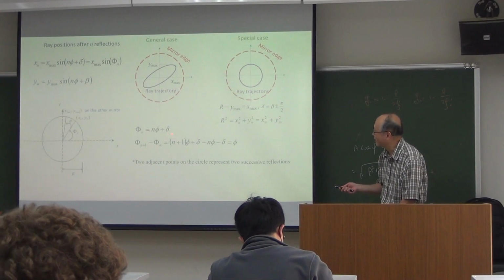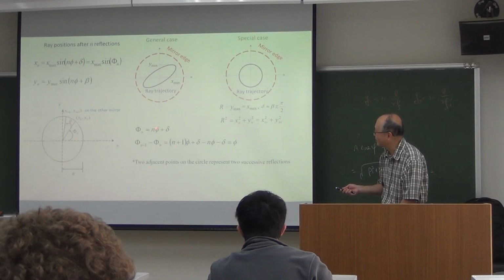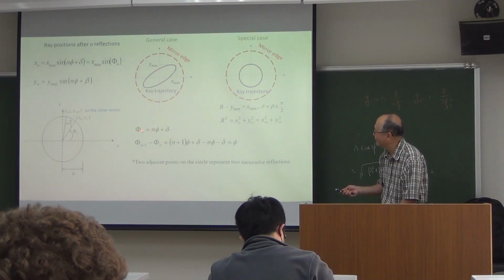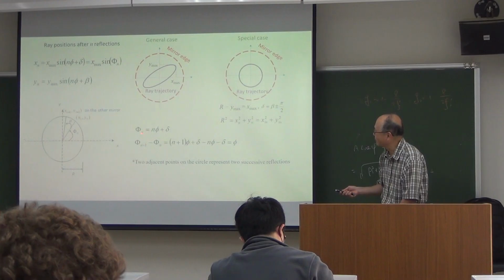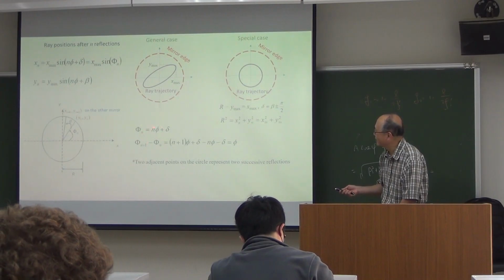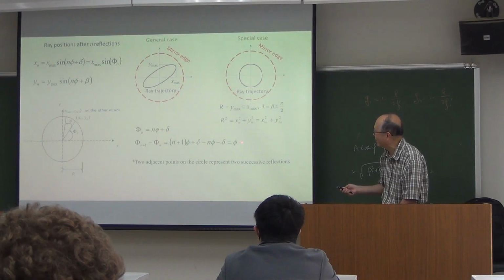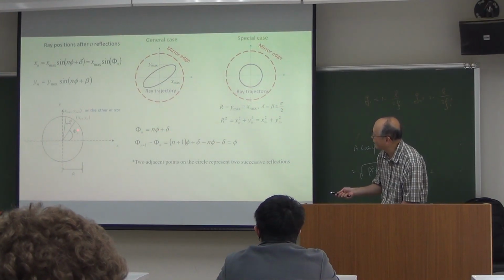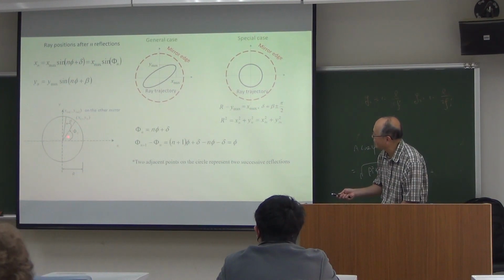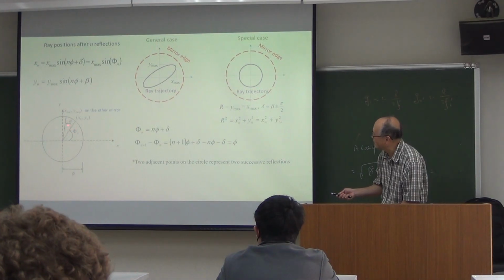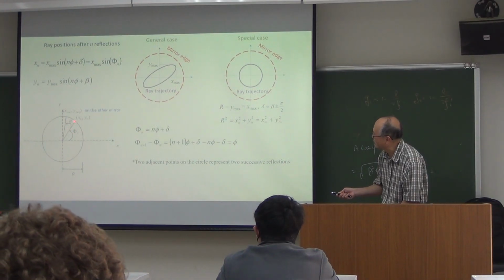And then if you move the bouncing from n to n plus 1, this means that every time you change the phase by phi. That phi, in fact, is the angle on this xy plane. So when you complete one more single trip, you move the angle phi on this plane.